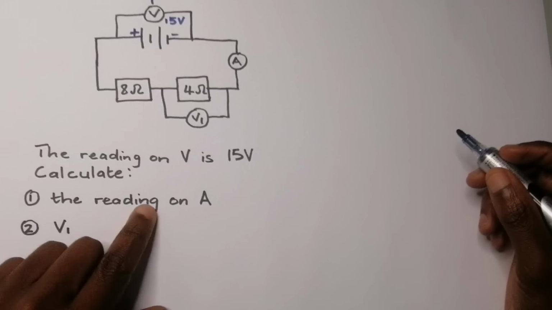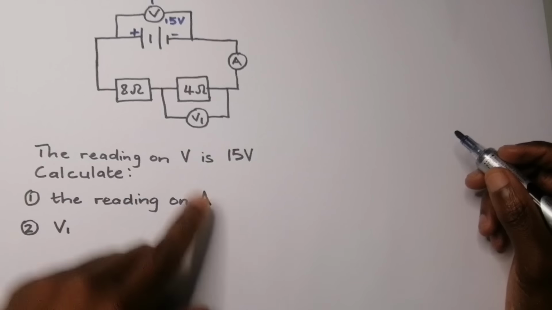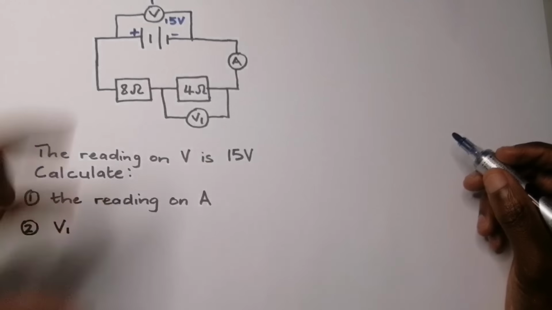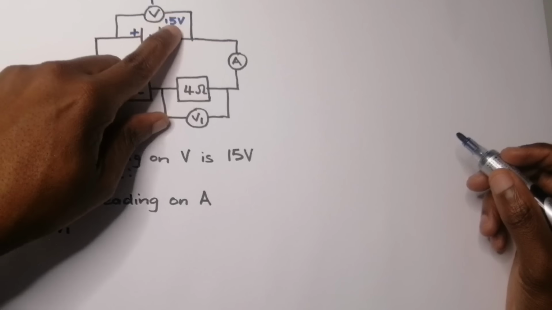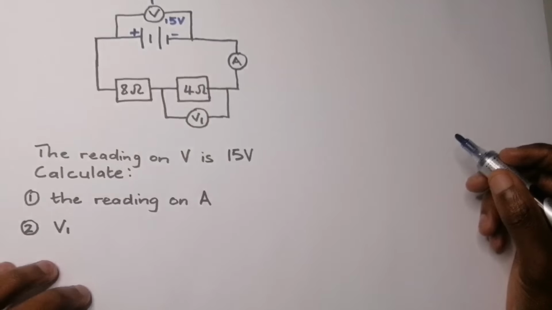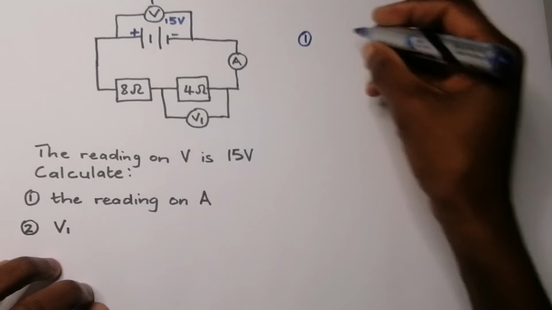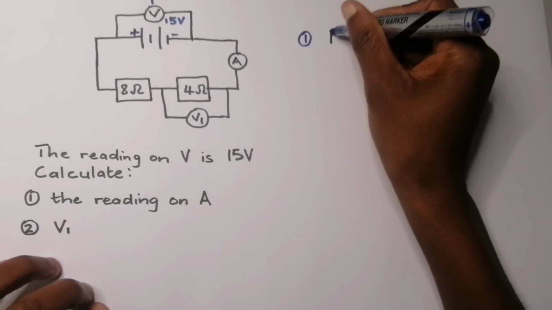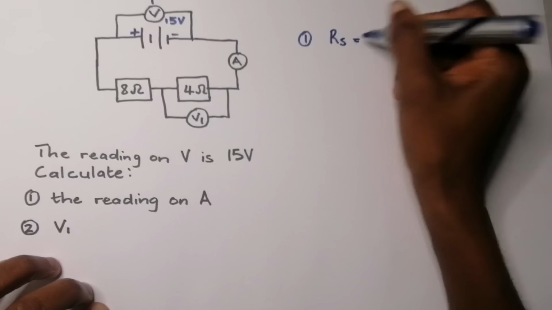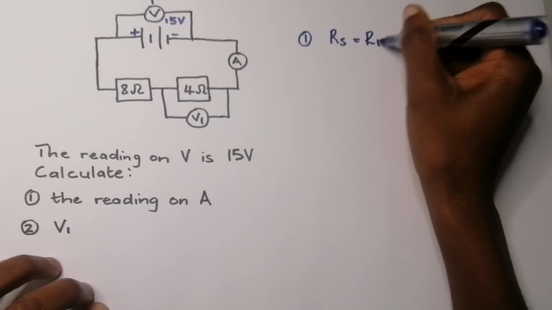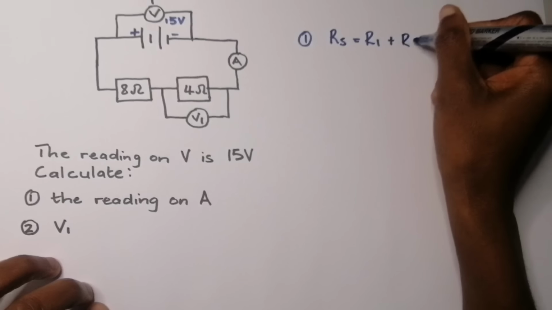They said, first of all, calculate the reading on A. So we want the current. We're given that voltage, and the corresponding resistance is the total resistance. So I'm going to start there. First, let's find our resistors in series. Rs is equal to R1 plus R2.